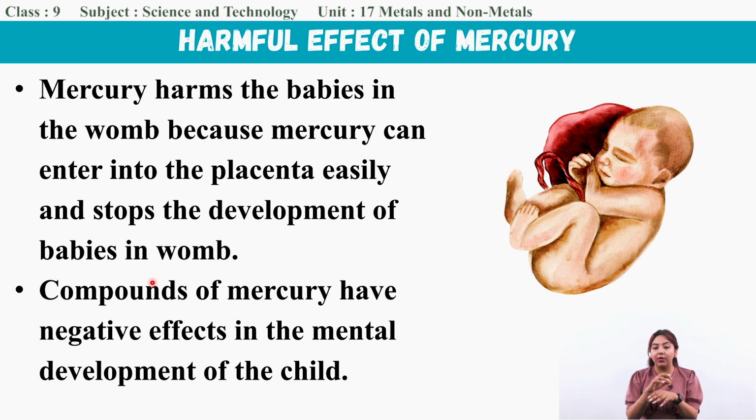So if the mother takes in mercury in any way and it is exposed to the baby, the baby can have severe brain damage and also hearing and vision problems. Compounds of mercury have many negative effects on the mental development of the child, their vision, and overall development, because it might even stop the entire development of the baby in the womb. So mercury is very harmful for our body.